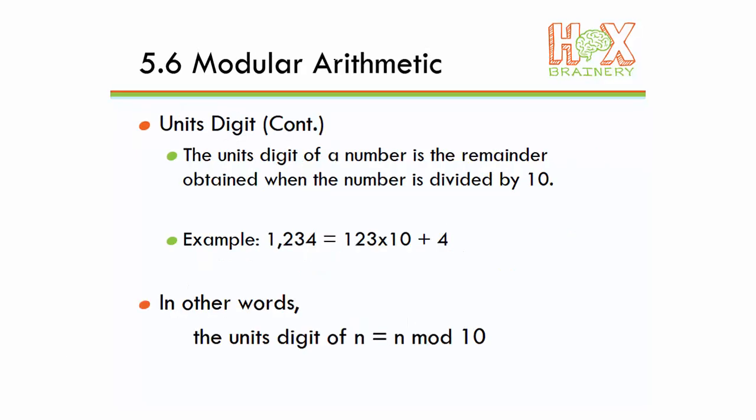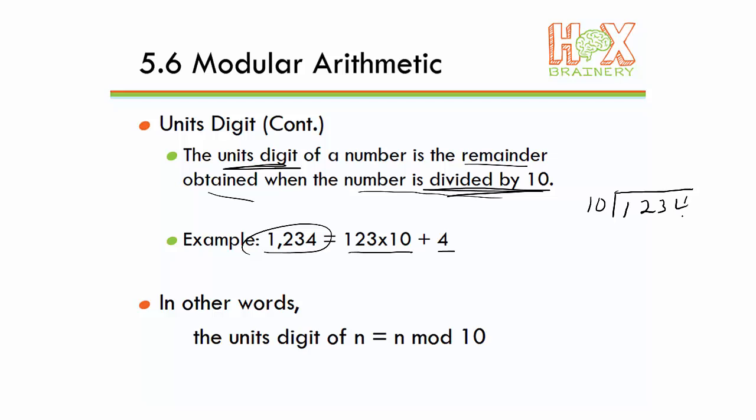Units digit continued. The units digit of a number is the remainder obtained when that number is divided by 10, right? So using the 1,234 again, that's equal to 123 times 10 plus 4, or if you want to actually see the long division worked out, right?